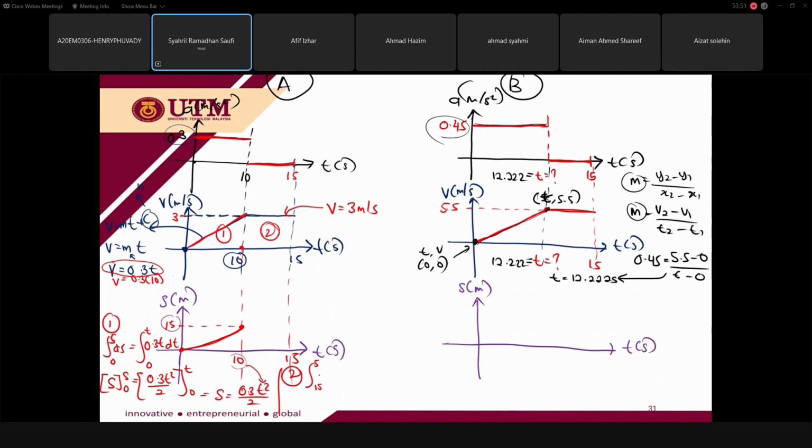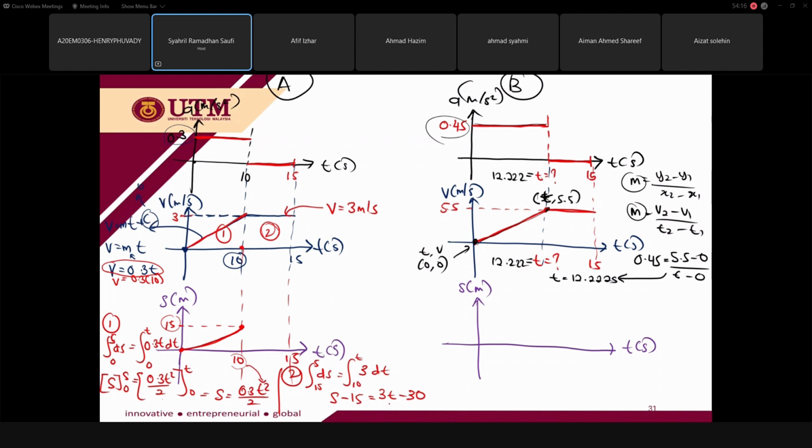So ds equals the integral from time 10 to t of 3 dt, where the v here is 3. If you integrate, you get s minus 15 equals 3t minus 30.